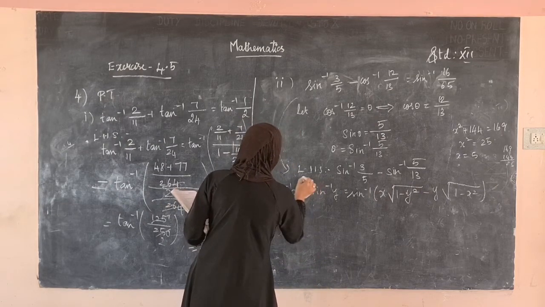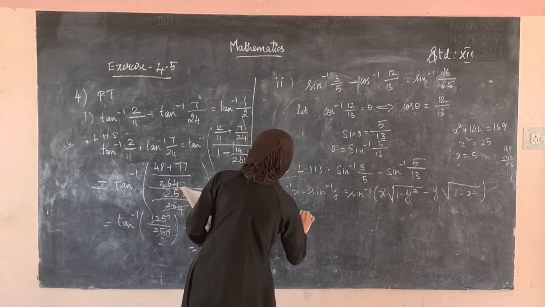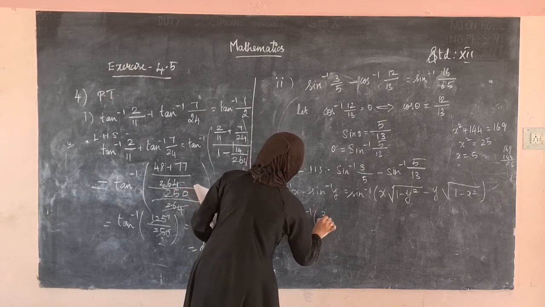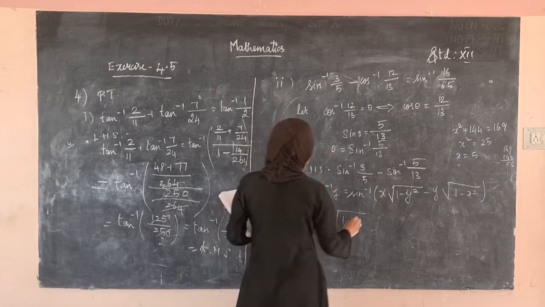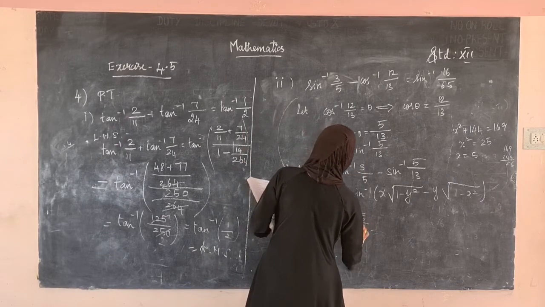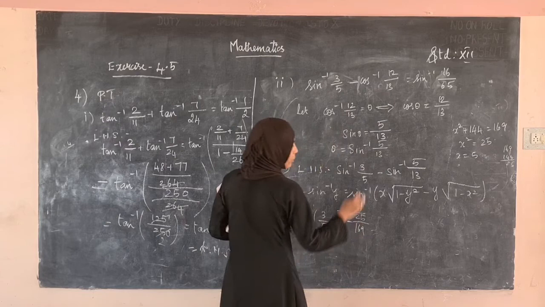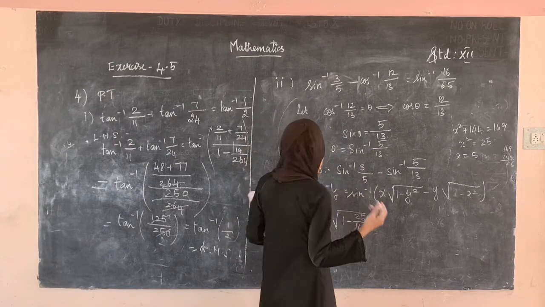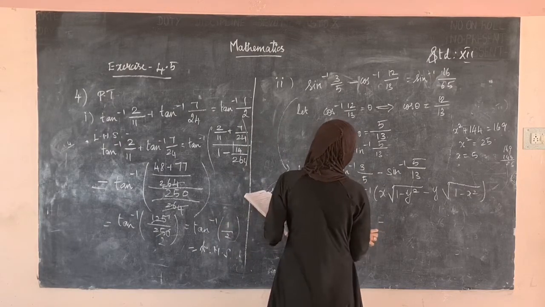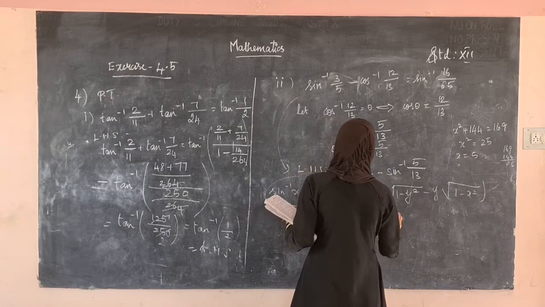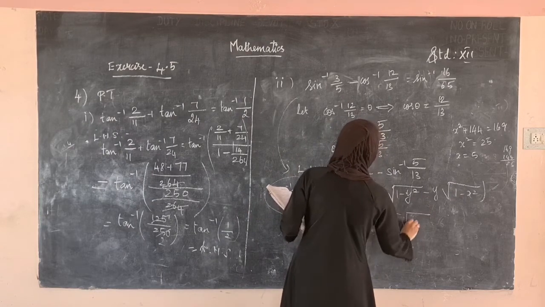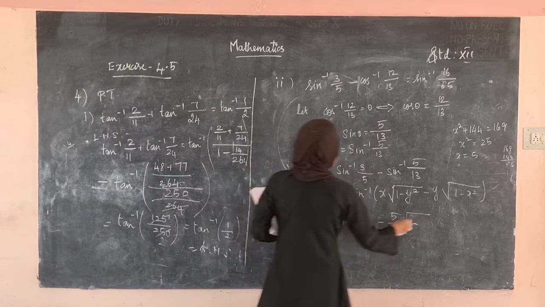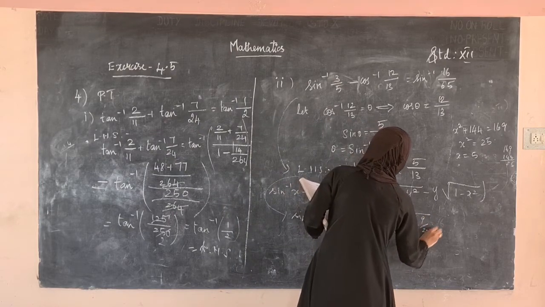Therefore, this becomes sin inverse of 3 divided by 5 into root of 1 minus 25 divided by 169, 5 divided by 13 the whole square is 25 divided by 169, minus, what's y? 5 divided by 13 into root of 1 minus 9 divided by 25.